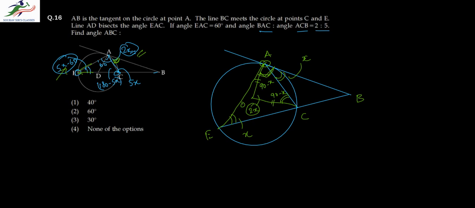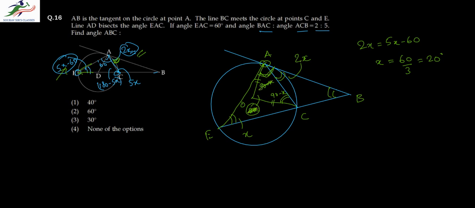which we have calculated as 5x minus 60. So therefore 2x is equal to 5x minus 60, and hence x is equal to 60 by 3, or 20 degree. And now we can calculate the value of angle ABC, which is this one.